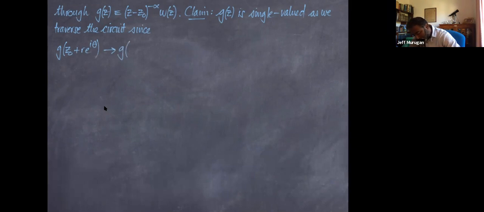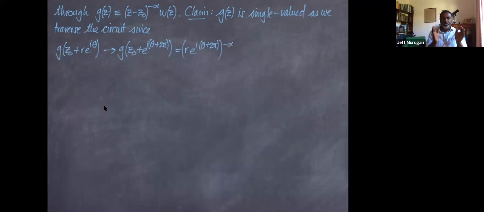G of Z naught plus R e to the i (theta plus 2 pi), which is (R e to the i (theta plus 2 pi)) all raised to the minus alpha, because the thing inside the brackets is nothing but Z minus Z naught, and that's how Z minus Z naught changes by the definition of G, times W of Z naught plus R e to the i (theta plus 2 pi).